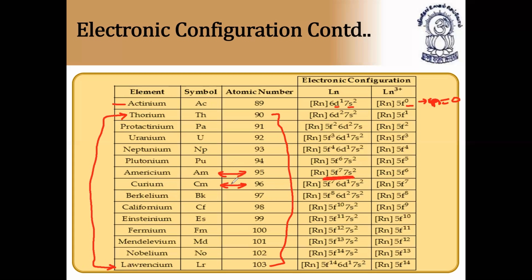Please note down these elements in your classwork. And again the last two, nobelium and lawrencium, have unusual stability due to half-filled and completely filled f orbitals: 5f7, 5f7, and here 5f14, 7s2, 6d1 and 5f14.